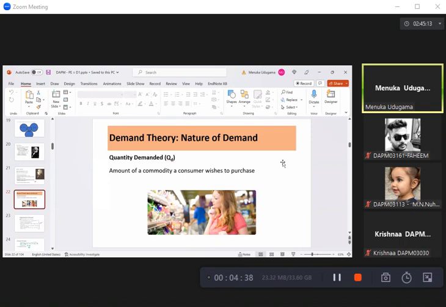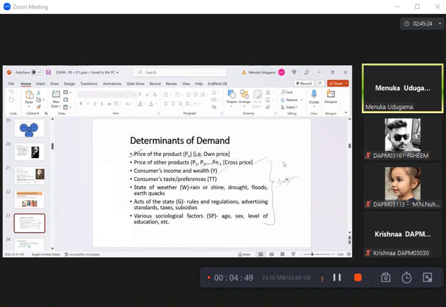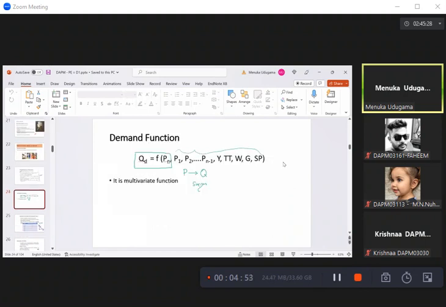Then we looked at the two key entities in the market: the demand, or consumer side, and the producer side. Under demand theory, we looked at factors affecting demand. If you really want to model or estimate the demand for a particular good, you can do that by using a demand function.